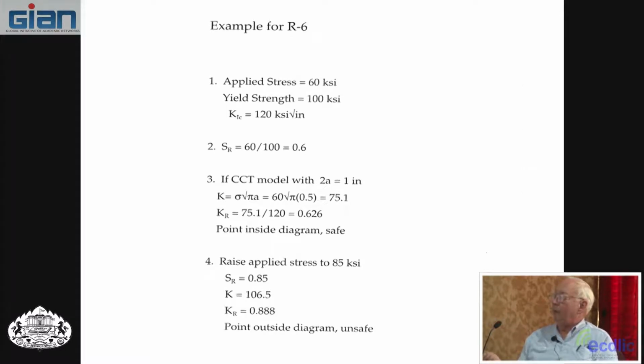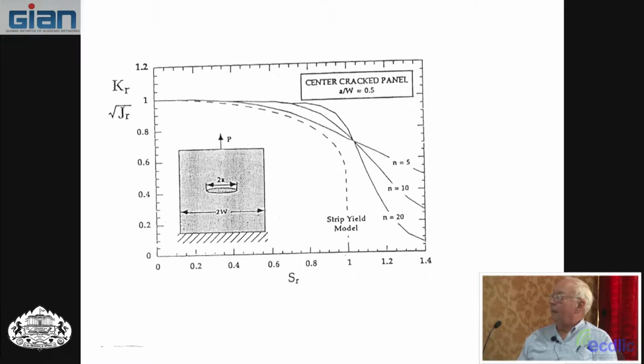Here's an example for R6. Say you have an applied stress of 60, yield strength of 100, K1C of 120. Is that safe or not? So the stress ratio is 0.6. Use the center crack model, 2A equals 1 inch in this case, and get a K. K was 75, so the K ratio is 75 over 120, K1C, 0.626.